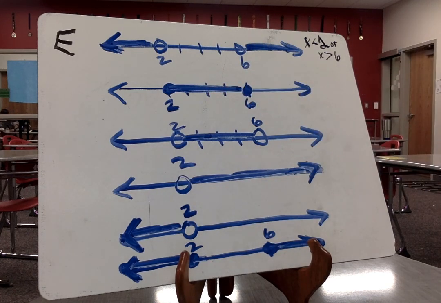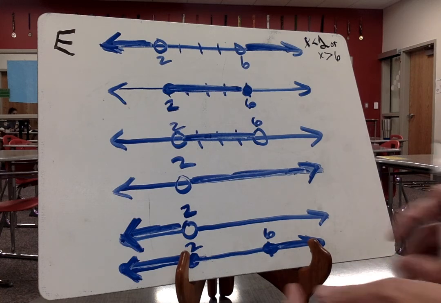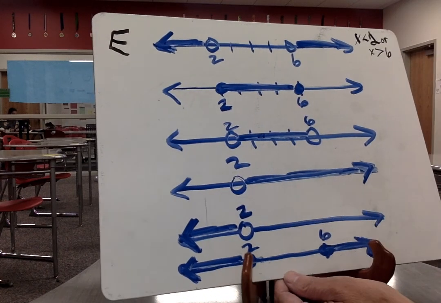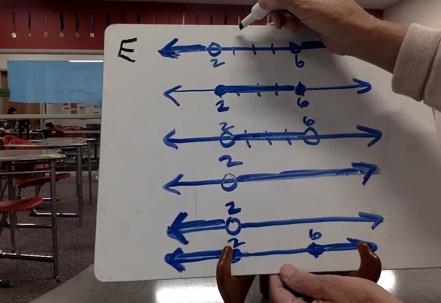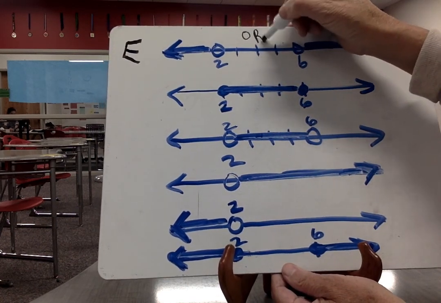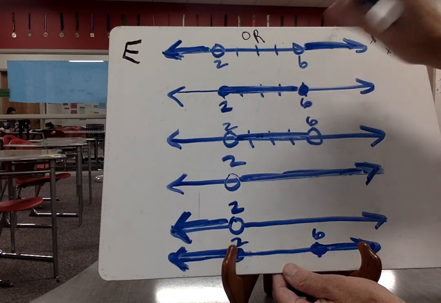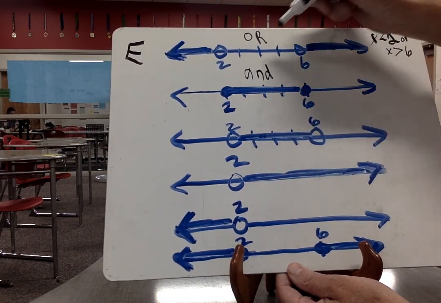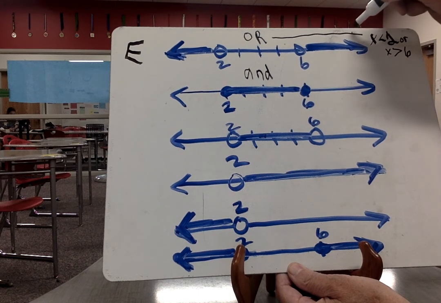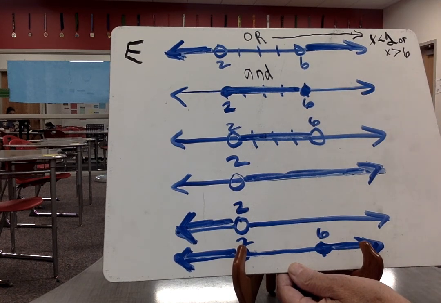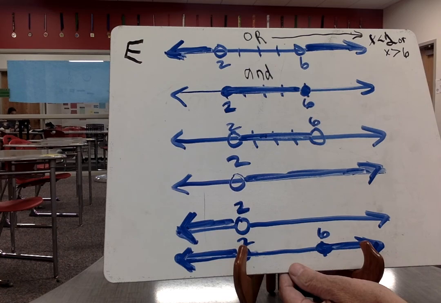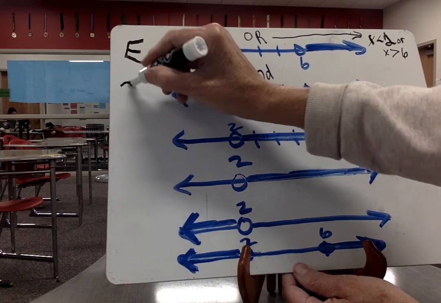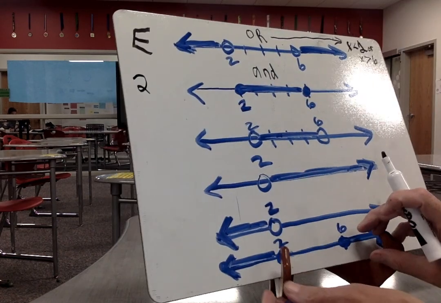So 2 is less than or equal to x and less than or equal to 6. This is an or when they're separated and there's space in between. If they're all together, it's an and. So an or statement looks like that. And an and statement is going to be, again, H, and 2 is included.